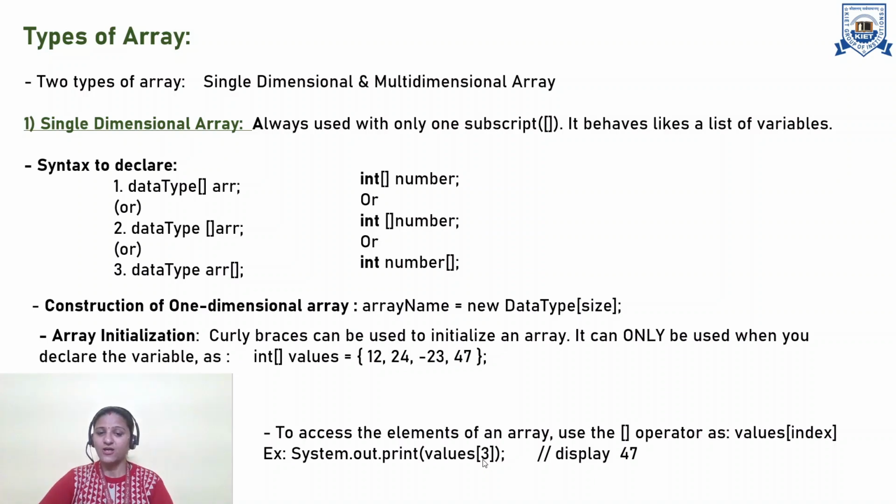It means we want to find the value kept at index 3 of the array variable named values. So in the array values, the indexes are 0, 1, 2, 3. The value kept at index 3 is 47, and it will display the value over here.